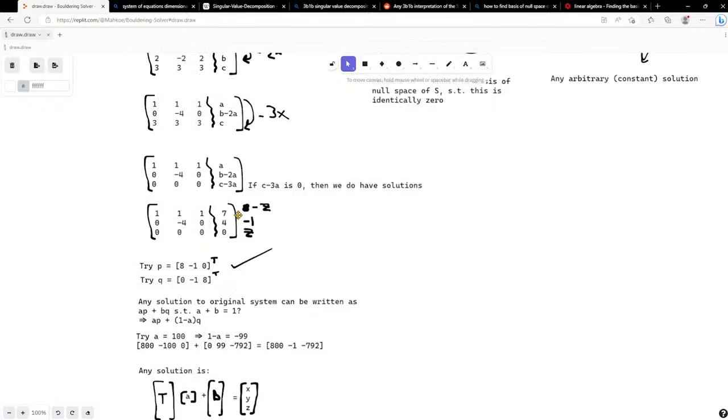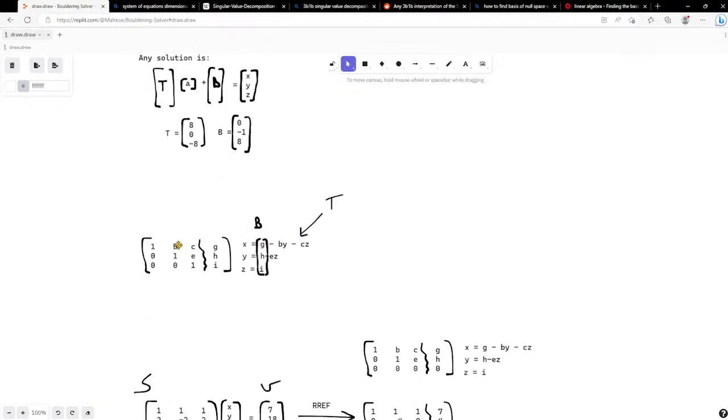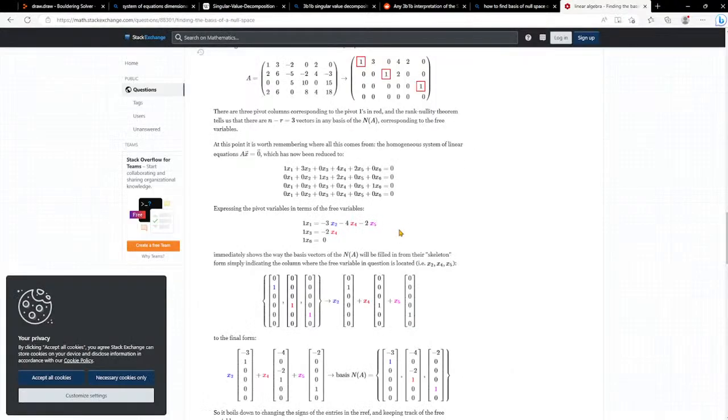Where did I do that? Over here. Or maybe over here. Yeah, you see minus b, minus c, minus e. But then there's one more step that I didn't get on my own. It shows the way the basis vectors of the null space of A will be filled in from their skeleton form simply by indicating the column where the free variable in question is located.